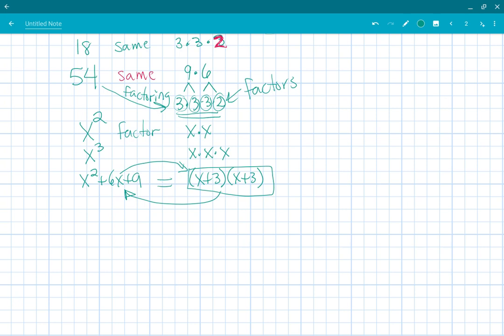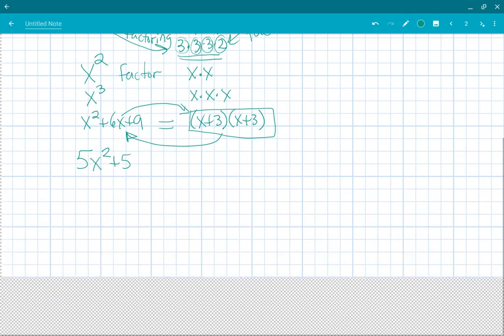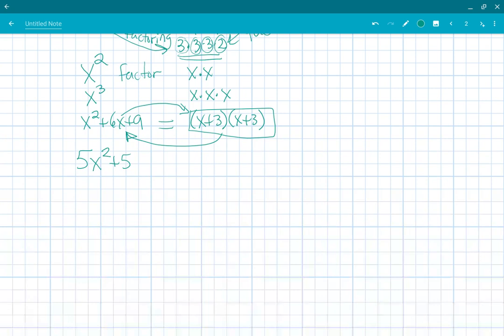Let me give you one before this one. How about this one? This one's a little easier. What times what gives you that same answer right there? Ready? It's going to be this.